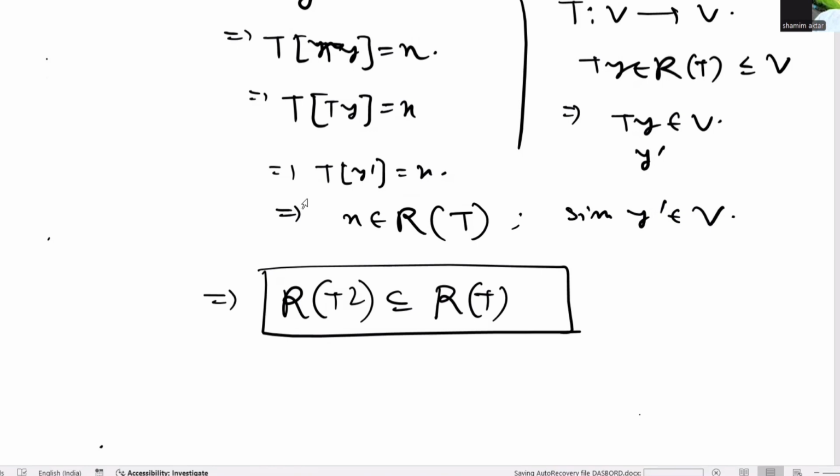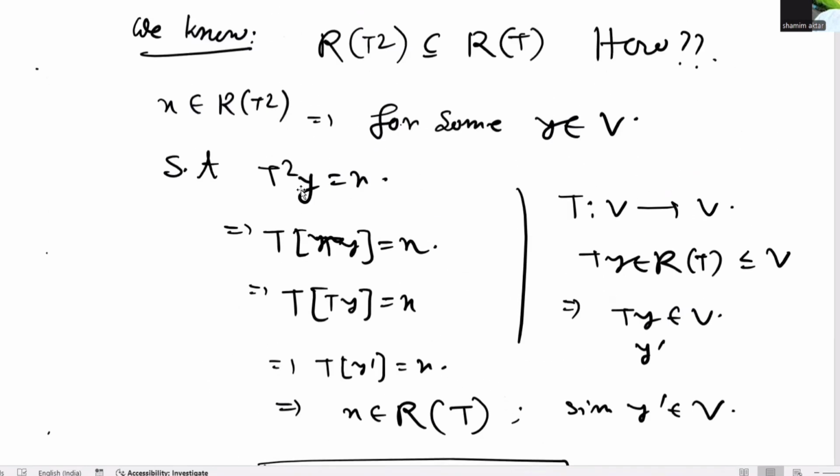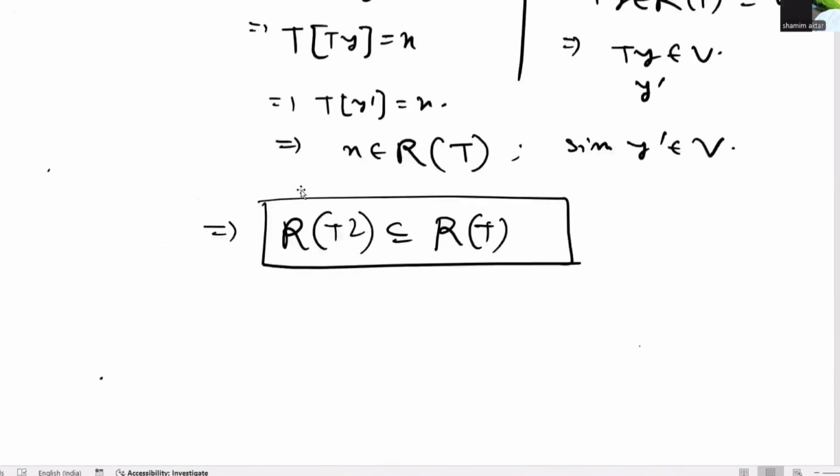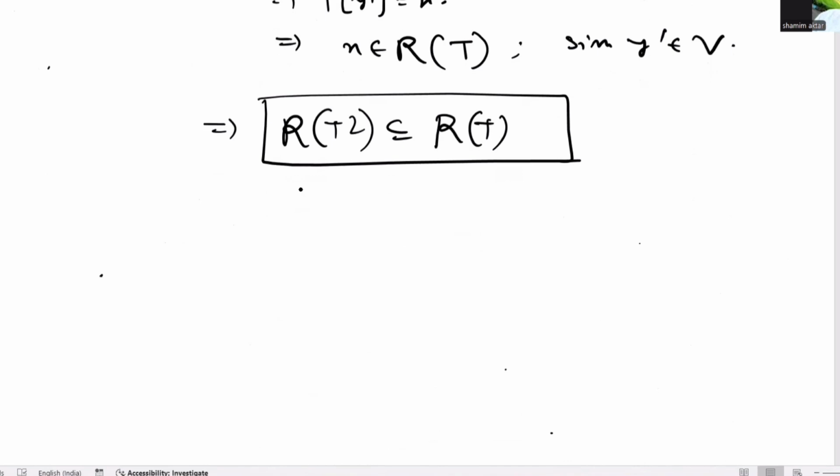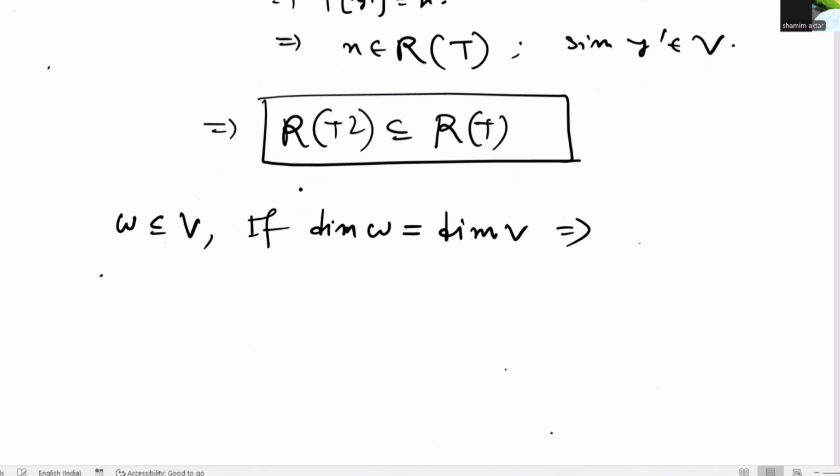We also know the result: if W is a subspace of V and dimension of W equals dimension of V, then W equals V. This is equation number 1.